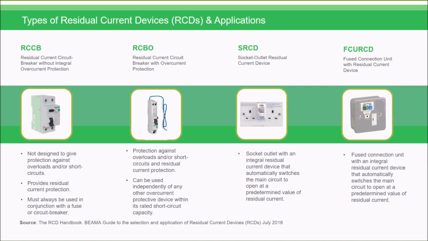And RCBOs are very commonplace in our industry now. Then we move on to SRCD. This is a socket outlet which has an integral residual current device that can automatically switch the main circuit off at a predetermined value of residual current. So it's a different format of residual current device, and it's integral in the socket outlet itself.